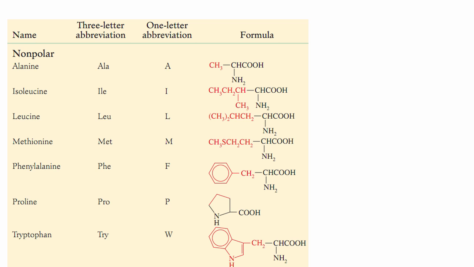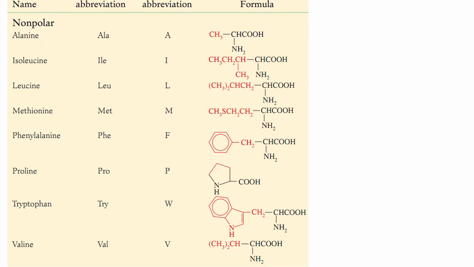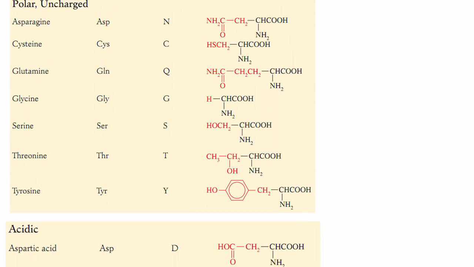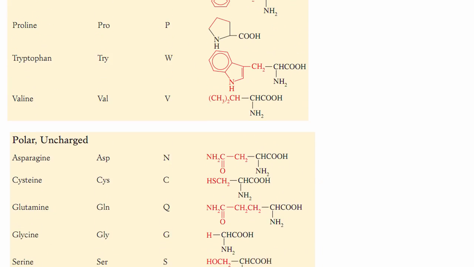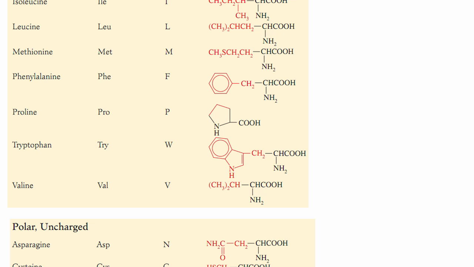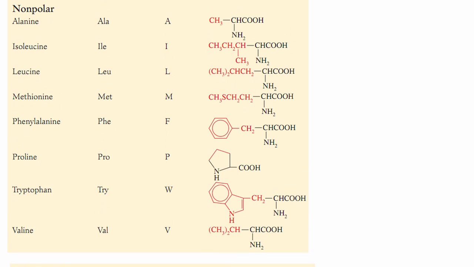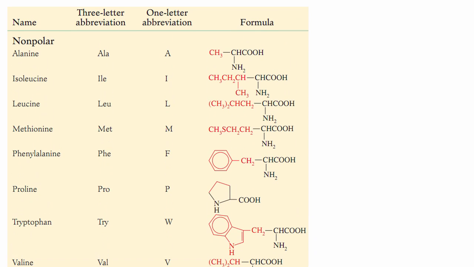So let's go on to our next slide. This is a table from your book, and it contains all of the amino acids. These are grouped. These are the nonpolar amino acids: alanine, isoleucine, leucine, phenylalanine, proline, tryptophan, valine.